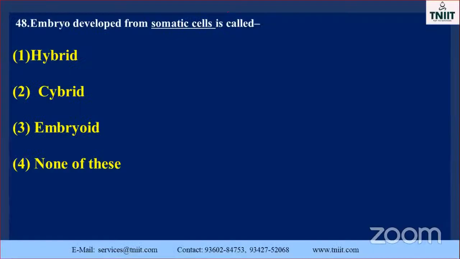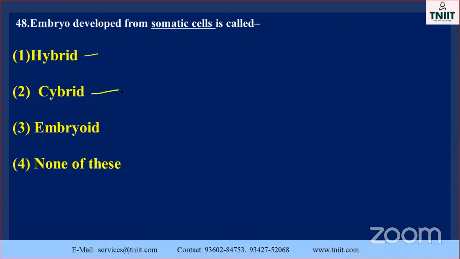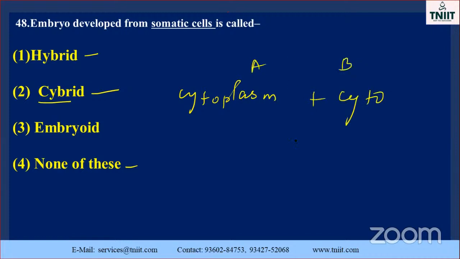Okay. Go to the next one. Embryo developed from somatic cell is called as? Embryo means embryoid, simply. Hybrid, cybrid, none of this. What is hybrid? What is cybrid? Cybrid means cytoplasm of A strain plus cytoplasm of B strain together, you will get the cybrid.